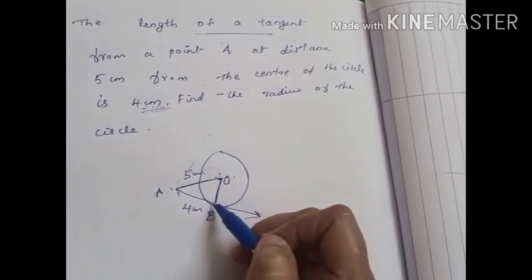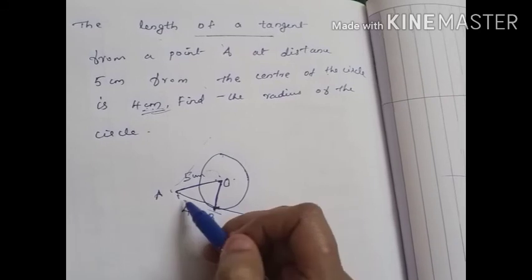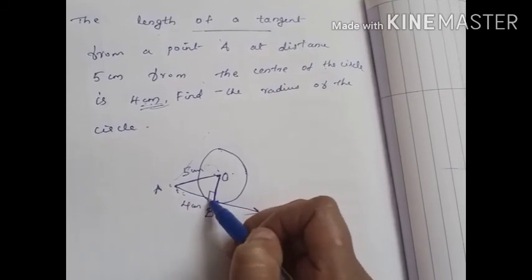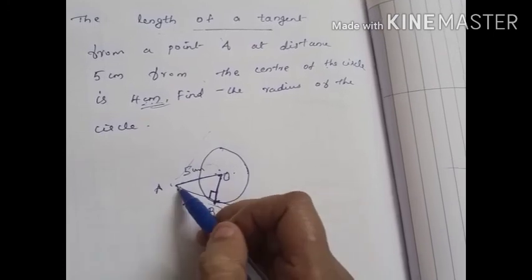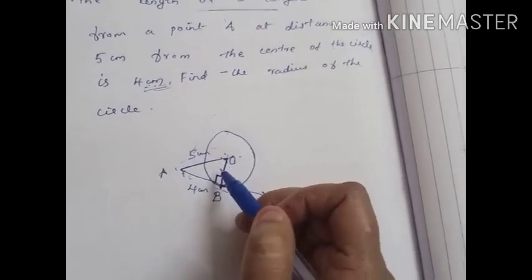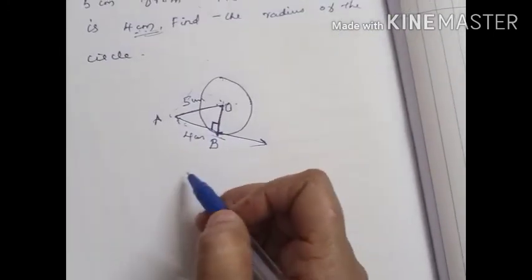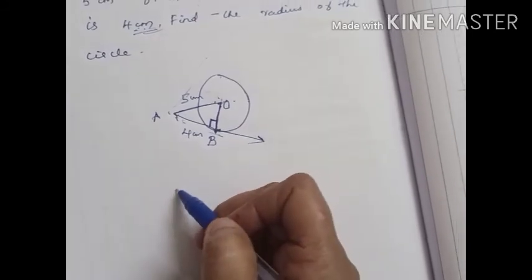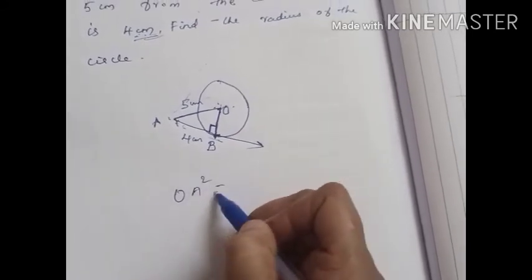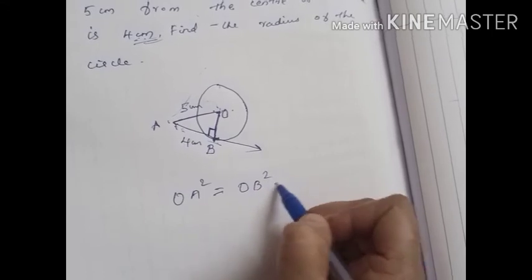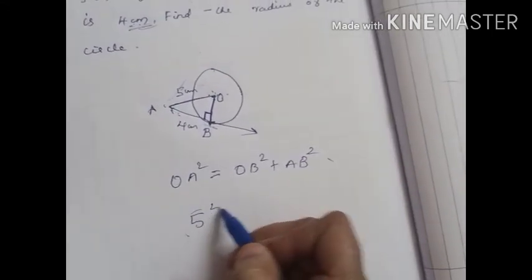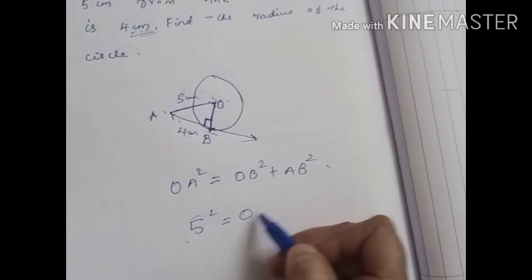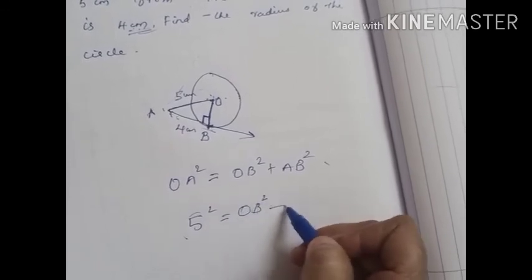We know from theorem 1 that the radius to the tangent is a right angle. So angle OBA is a right angle. Considering this right-angled triangle, by the Pythagoras theorem, OA square equals OB square plus AB square. So 5 square equals OB square plus 4 square, where OB we have to find.